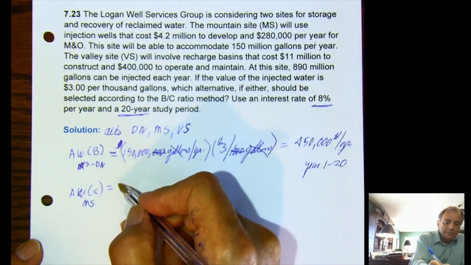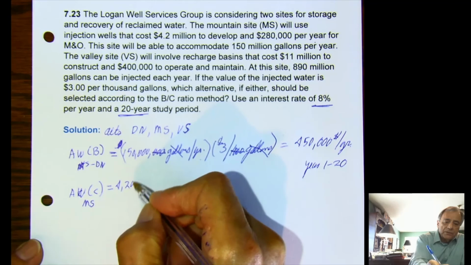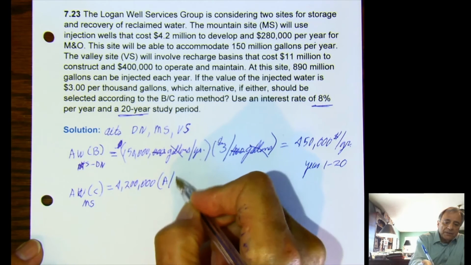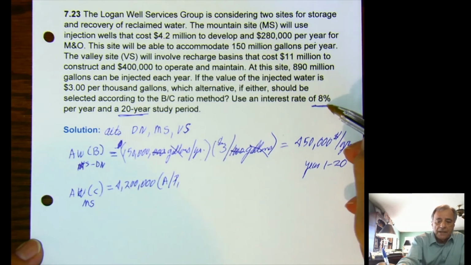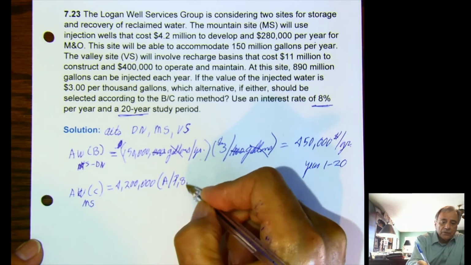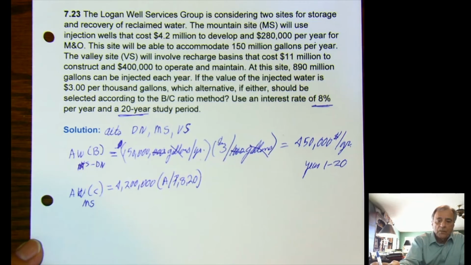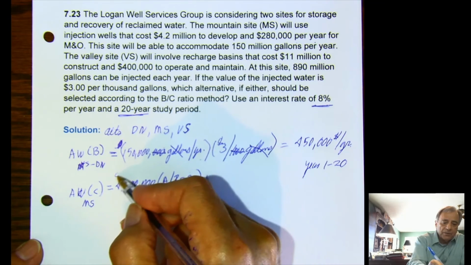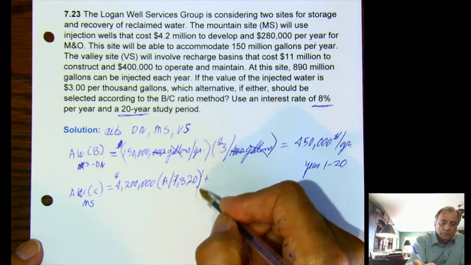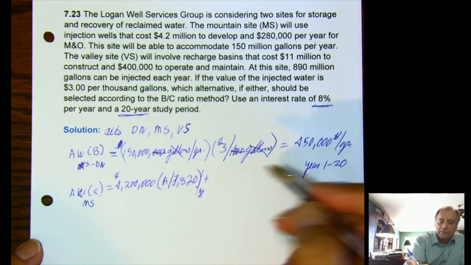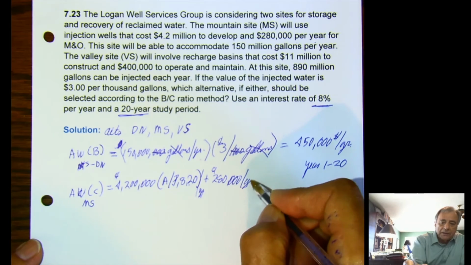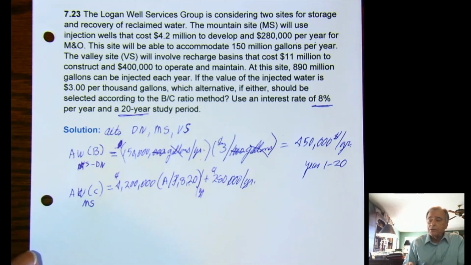4.2 million. So I need to spread that over A given P, 8% for 20 years, and then add the 280,000, and this is going to be dollars per year, by the way, once I multiplied by A given P, and that's going to be dollars per year as well. So I can add those two.